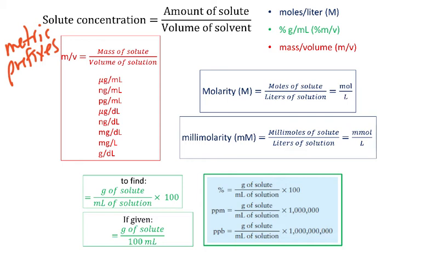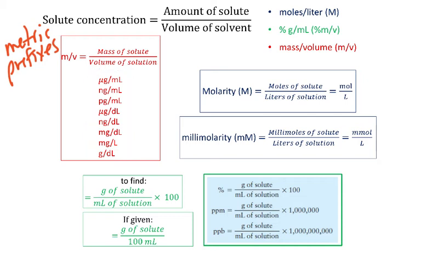I think this list here are the actual ones that came off of my report that I said had like 17 different units on it. These were all the different mass volume units of concentration.